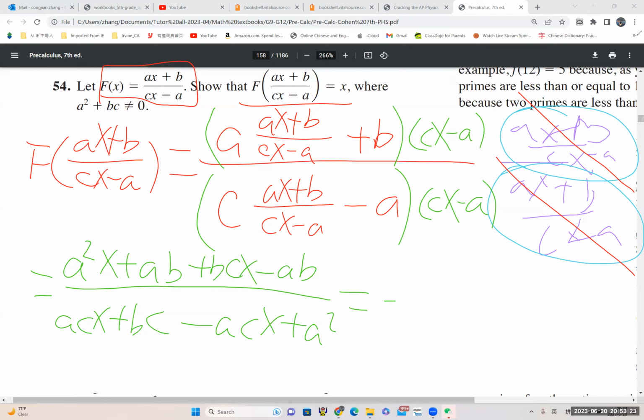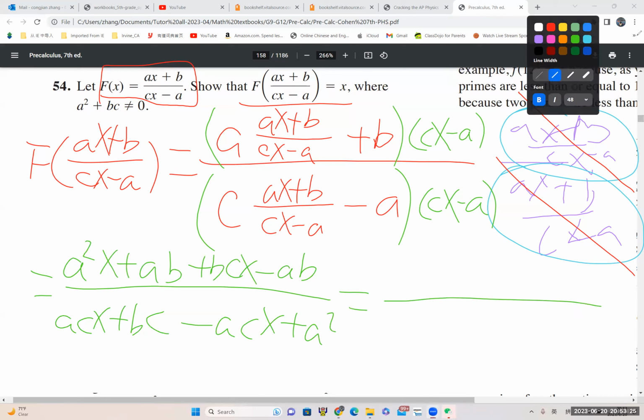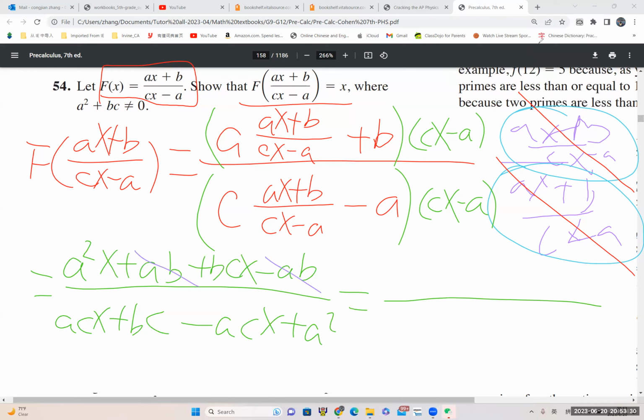Then simplify. Let me show it. This cancels, right? So we get a square plus bcx. Then for the bottom, cancel this. So we have a square plus bc, right?